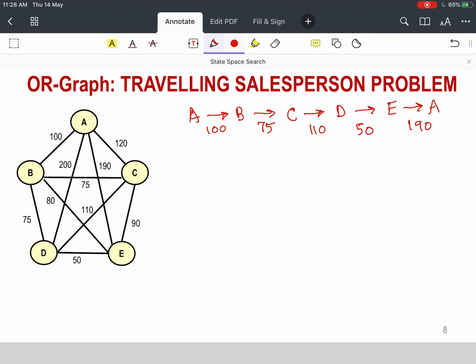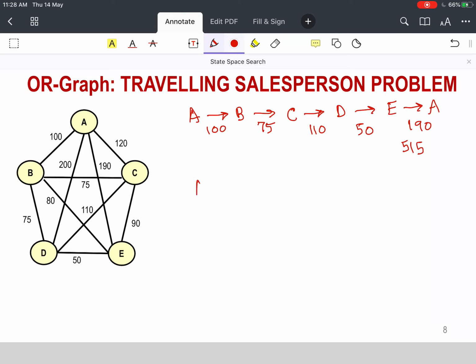So this sums up to a cost of 175, 285 plus 50, 335 plus 190, which comes to 515.